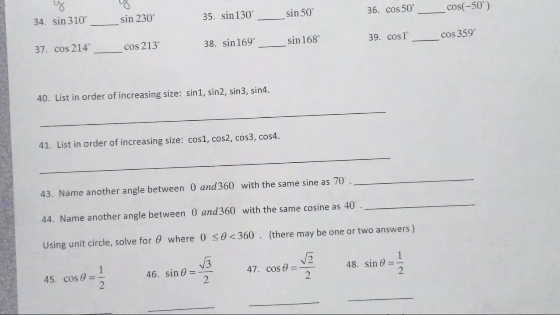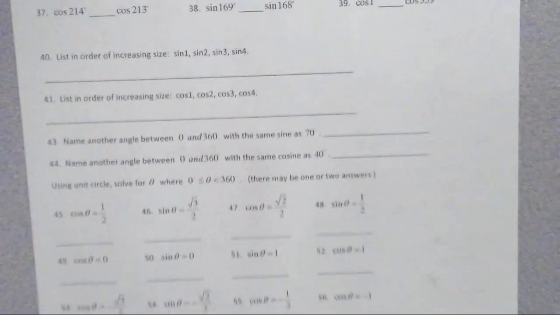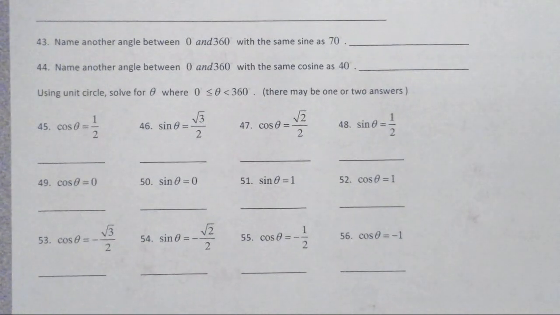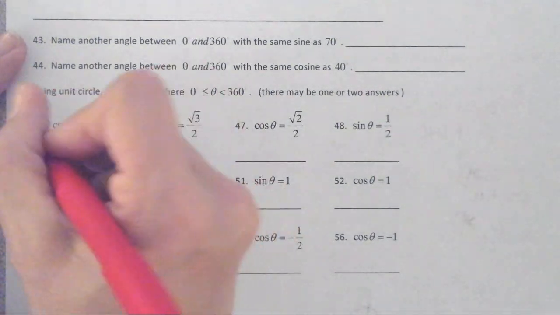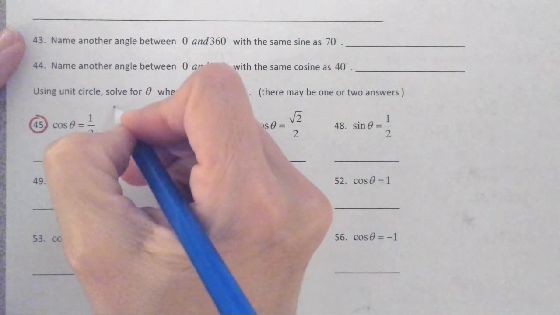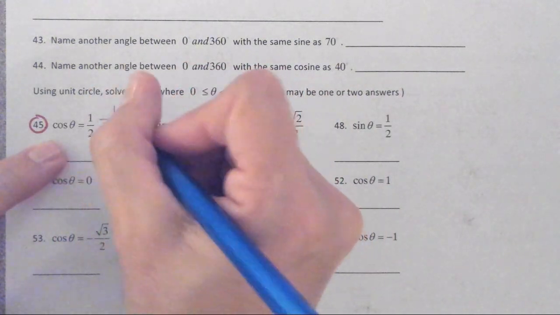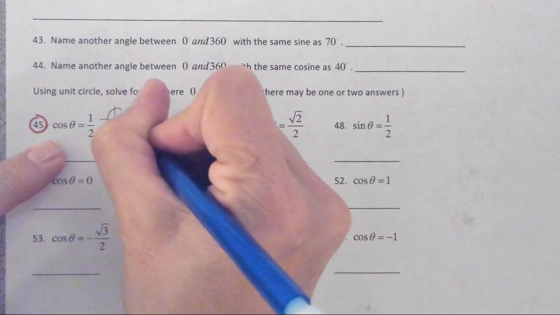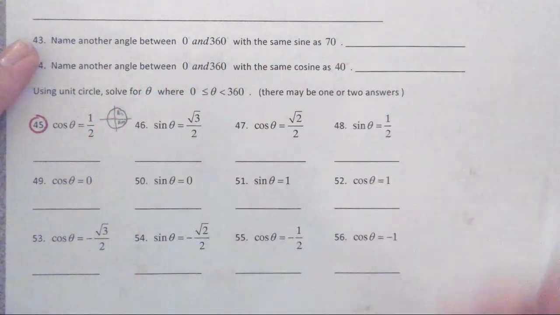Okay, the next one I'm going to look at is 45 through 56. For this section, all you had to do was use your unit circle to find out what theta was. So let's look at 45. On 45, they want to know where on the unit circle theta equals a positive 1/2 for cosine. Well, cosine is going to be positive in quadrant 1 and quadrant 4.